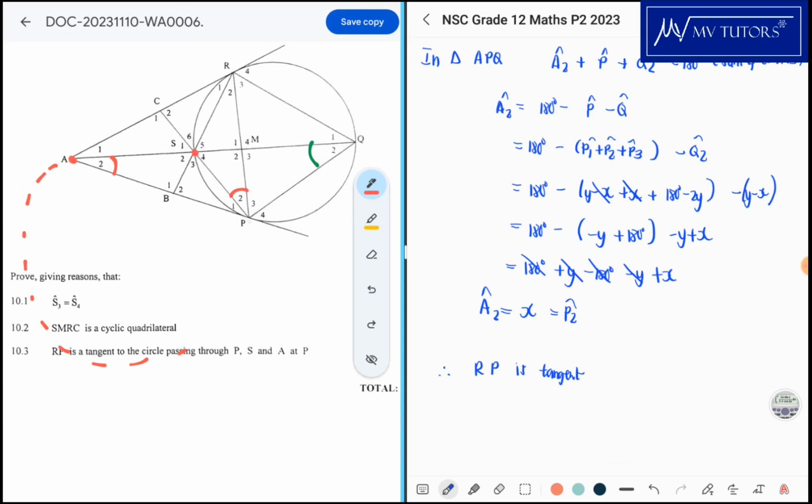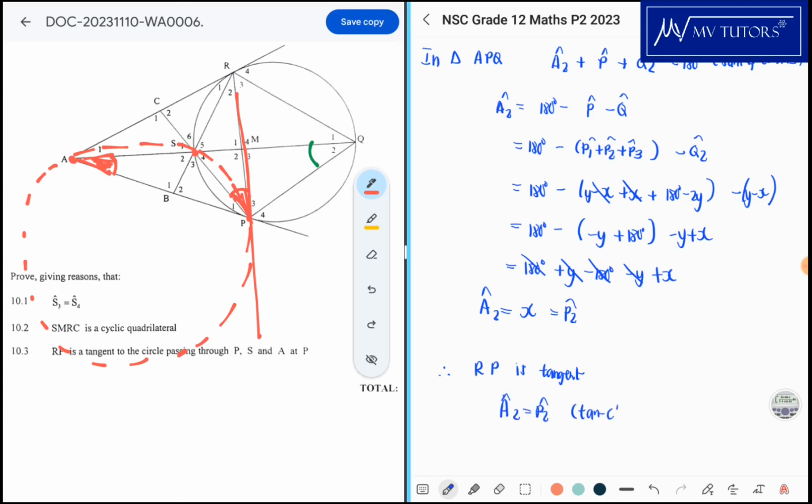Remember, this was the tangent line, and this was the circle. So basically P2 is equal to A2, which we made X. Tan chord theorem.